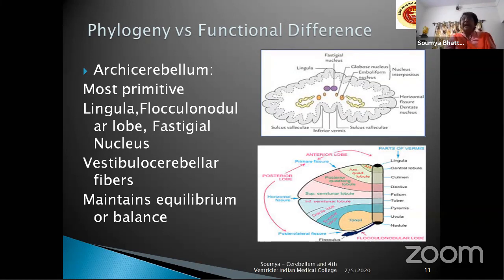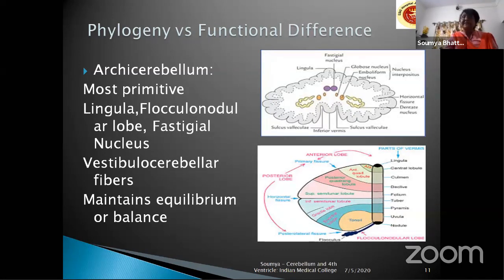That we could balance ourselves. If we are sitting, we are not falling. If you are crawling, we can balance ourselves. If you are standing, we can stand and we don't fall. That is maintenance of equilibrium and balance. Therefore, this is done through the vestibulocerebellar fibers.